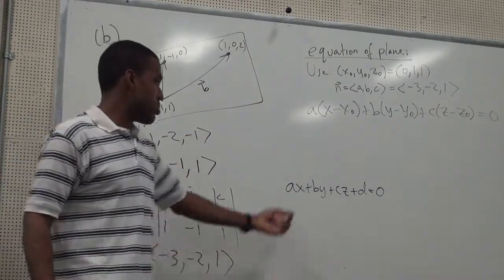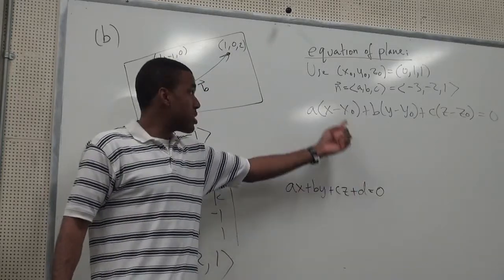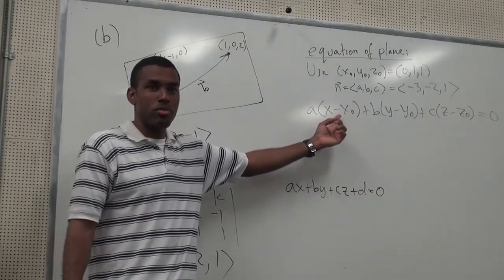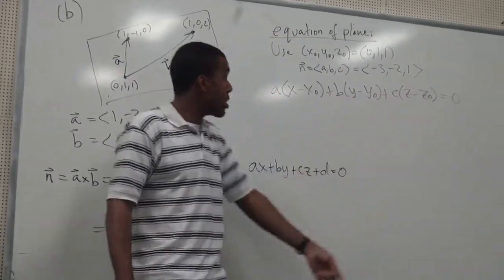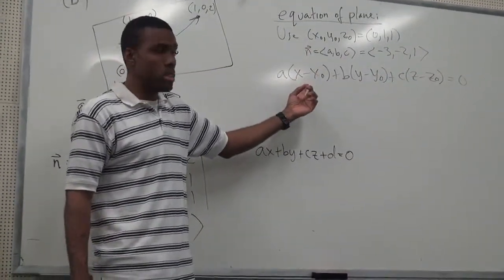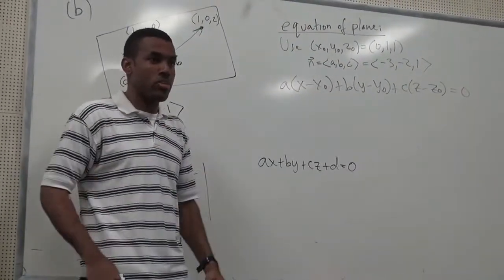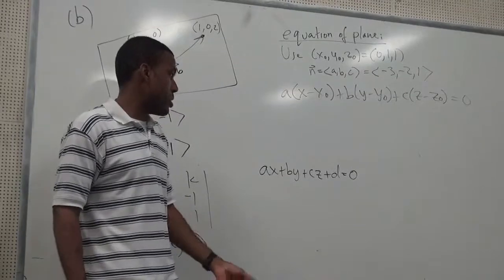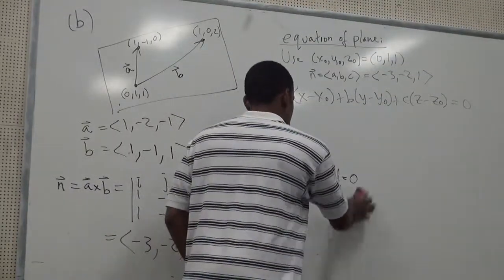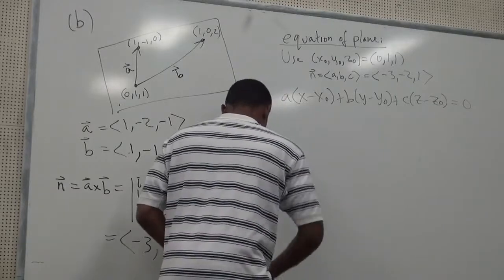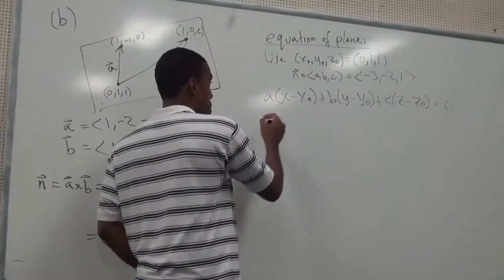That one doesn't really say how you get that d, but this formula shows you exactly where the d comes from. So this times this plus this times that plus this times that. It's better to memorize it in this form where you know this is the point, that's the normal, and I can create the equation of the plane. This one is not as instructive. I actually prefer to memorize it this way.